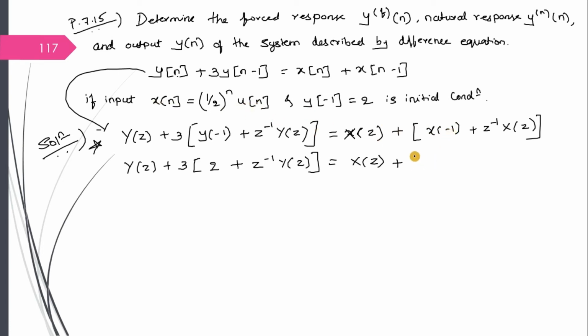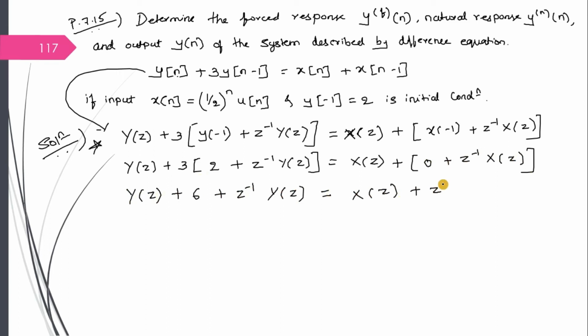So u of n does not exist, hence it is 0, plus z inverse X of z. That's it. Very simple. Now I write it as Y of z plus 6 plus z inverse Y of z. So this term is itself, I was representing it as c of z in the previous slide, generalized expression. This is equal to X of z plus z inverse X of z.